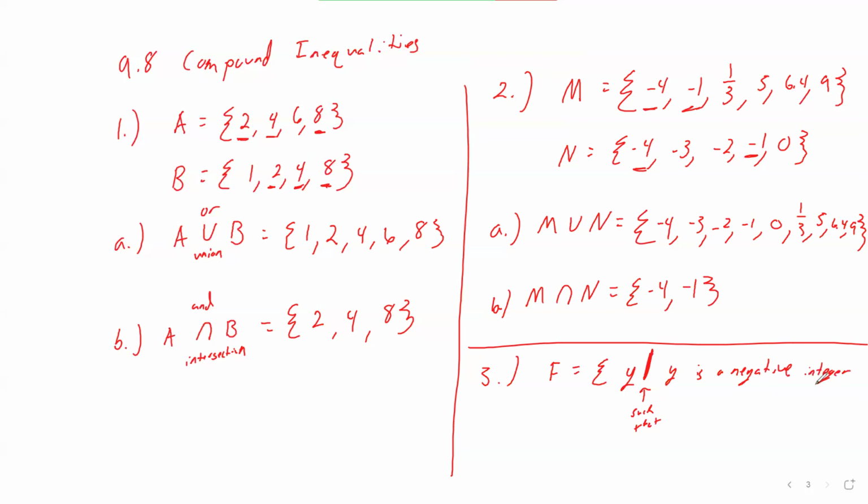And remember, integers are basically counting numbers and whole numbers greater than -4. So again, Y is a negative integer that's greater than -4.